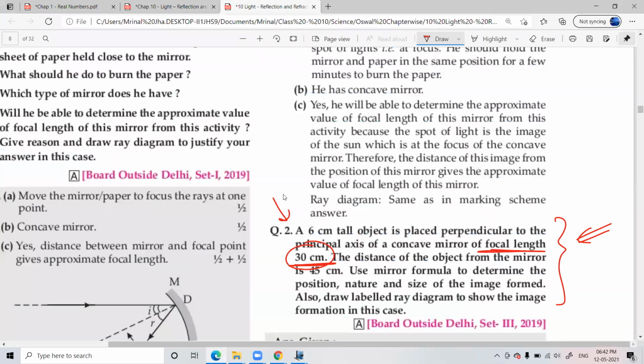Fine. So we know h and we know f. The distance of the object from the mirror is 45 centimeters. So what is this 45, guys? The object distance, u. u is 45.